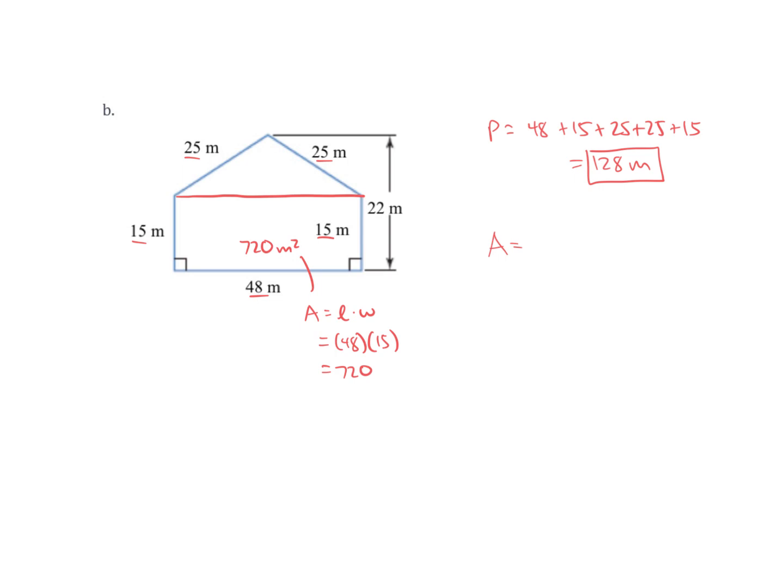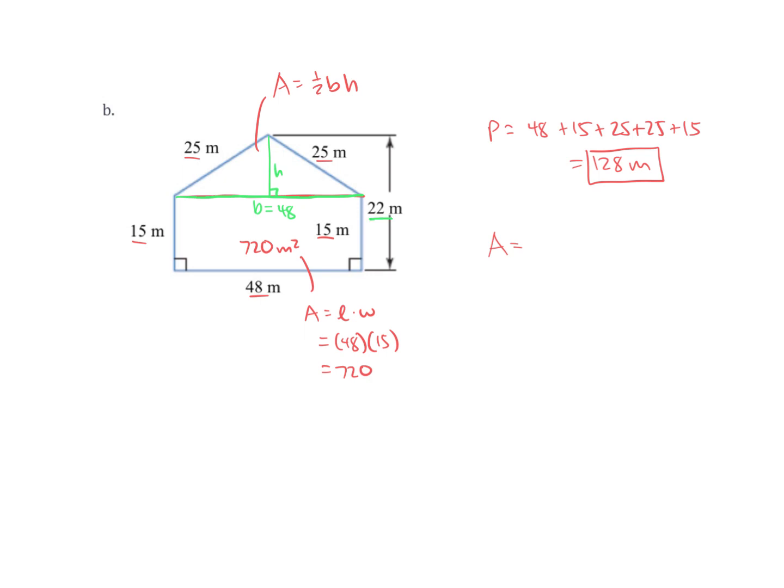Now for the triangle, I need to do area equals 1/2 base times height. So the base of this triangle is going to be this whole side right there, which is 48. But I also need its height perpendicular to the base. And for that, I need to use this 22 that's given over here.